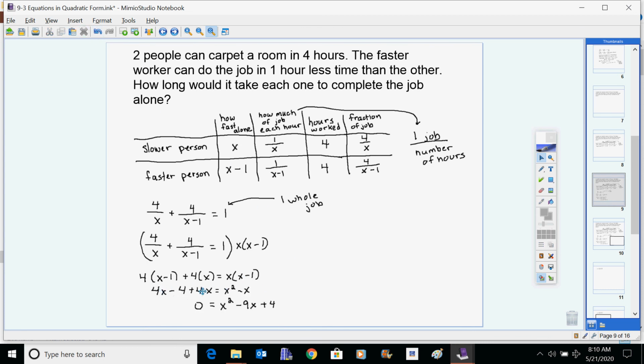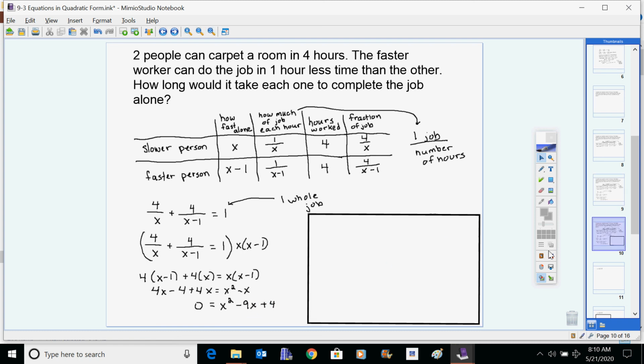Distribute. Make it so you have a 0 on one side. If I take away 4x from both sides, and I take away another 4x from both sides, I get negative 9x. I add 4 to both sides, I get 4. Factoring doesn't work for this one. If I try to factor this, factors of 4 don't give me negative 9 no matter what I do.